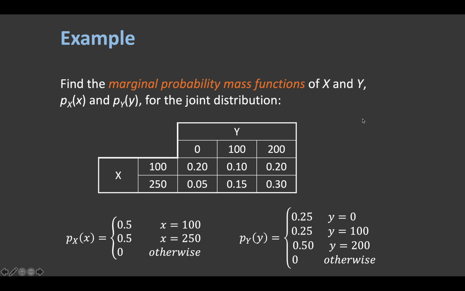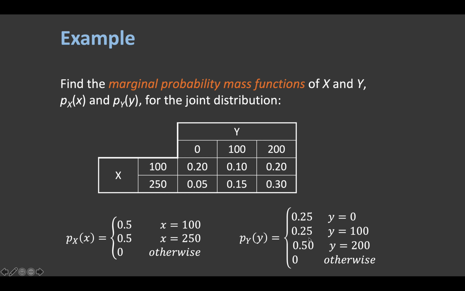Two things to remember. One, when we talk about a probability mass function, that's for a discrete random variable, so they're discrete values. And two, for each marginal probability mass function, I don't know if you noticed, the sum of p_X equals 1, and the sum of p_Y equals 1 as well.